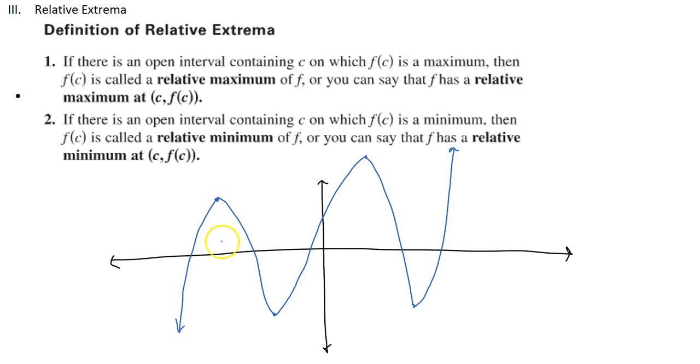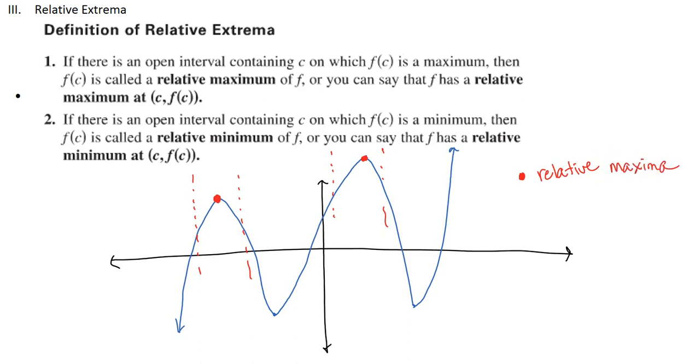So if I'm looking at this point right here on the left, if I were to draw an interval around it, I could see that on that interval, that point right here is the highest point. Similarly, I could do that for this point here, and I could see that on a specific interval that's a subset of negative infinity to infinity, that is the highest point. So these points that I've marked in red would be relative maxima.